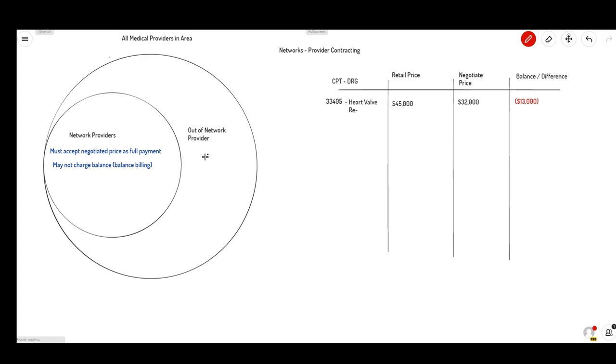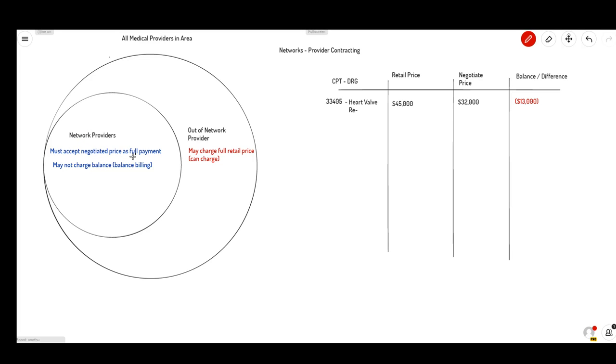The out-of-network providers do not have to accept the $32,000 as full payment. They may charge full retail price. In other words, they can charge that balance. Now, if your plan has an out-of-network provision, some plans don't. So it's possible to have an insurance plan that says we only cover network providers.